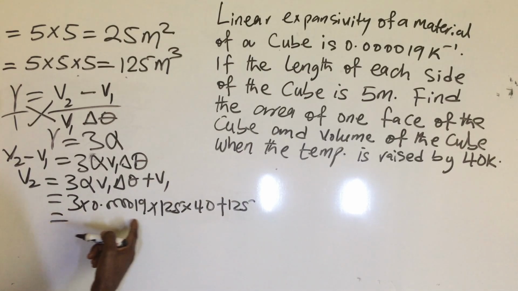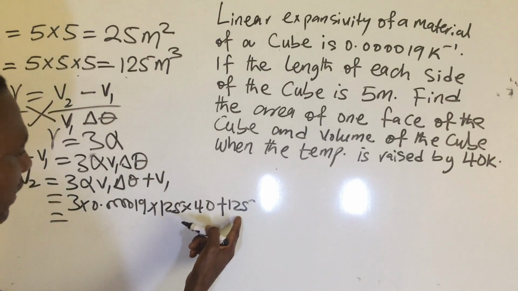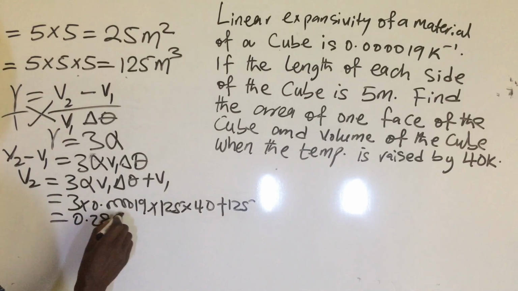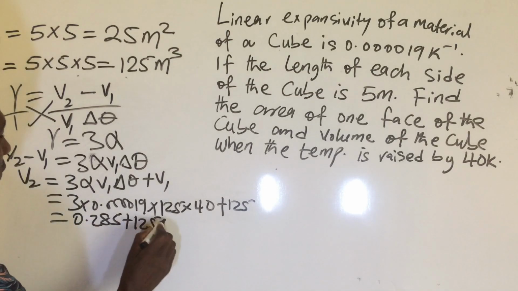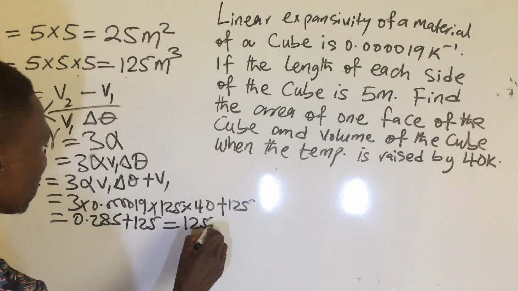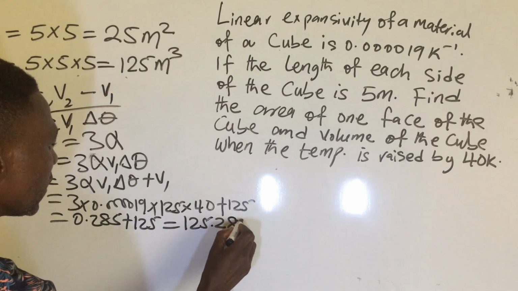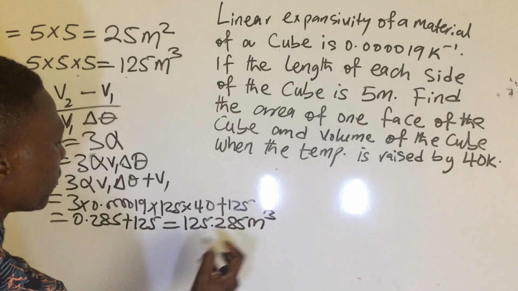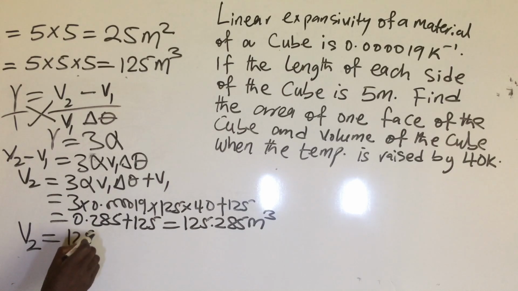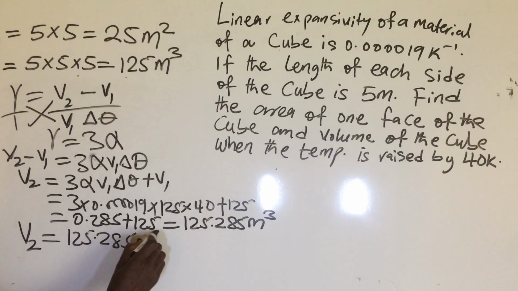When we multiply everything before adding, we have 0.285 plus 125, and when we add 125 to it, we have 125.285 meter cube. That is the new volume they're asking for. So the new volume, V2, is 125.285 meter cube. That is the answer.